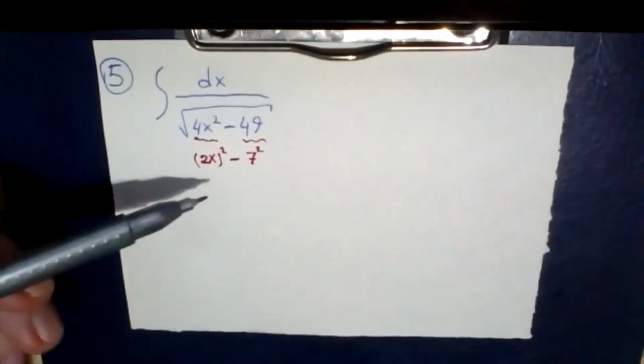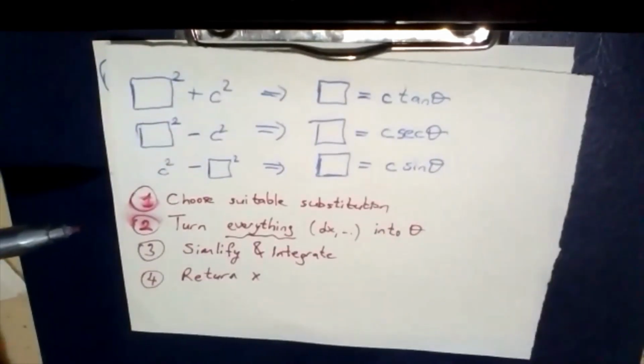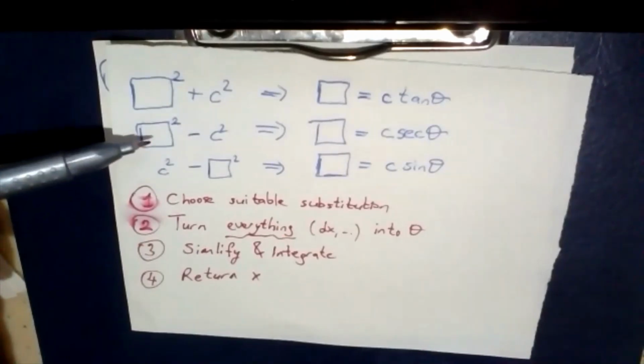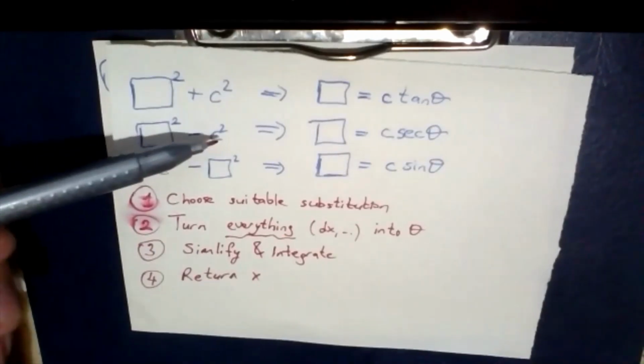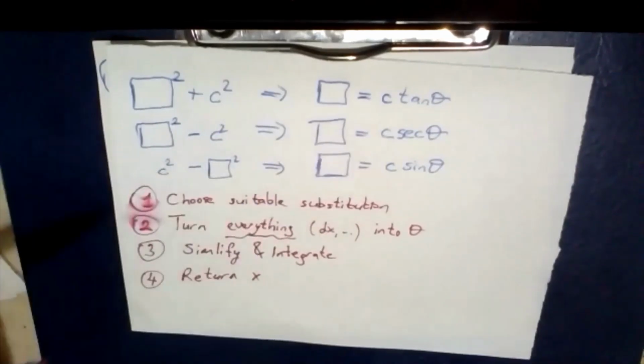So we have the square of something minus a constant number. So we should apply this substitution: the square of something minus a constant number, which means box is equal to c times secant theta.